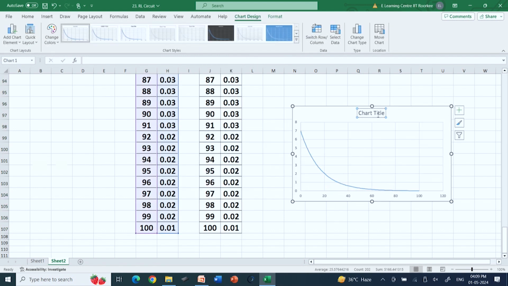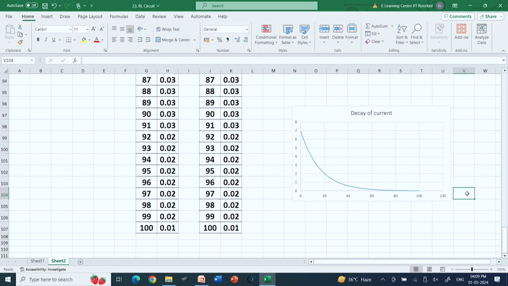So, I will just change the title to decay of current. So, you can see it starts from some steady value. This is the point where your switch is just off, and then slowly it decays to 0.